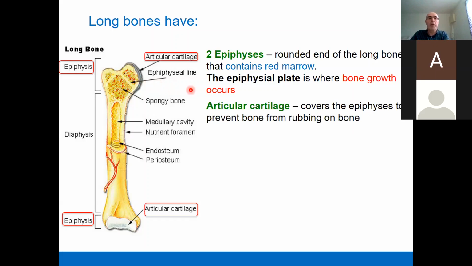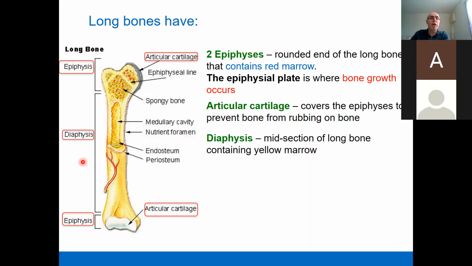Okay, the other part of our long bones is articular cartilage. As you see, at the end of both sides we have articular cartilage, which covers the epiphyses to prevent bone from rubbing on bone. It is also important.